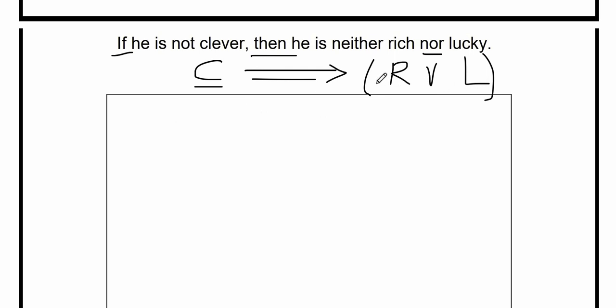But here, if you see, it means he is rich or lucky, so we have to negate this, because we are saying not lucky and not rich also. So it is applying to both: not rich, not lucky.